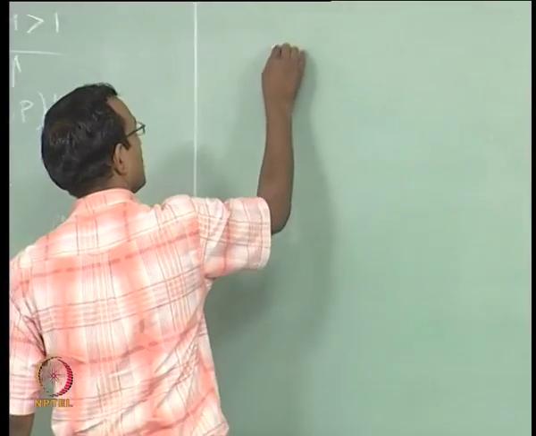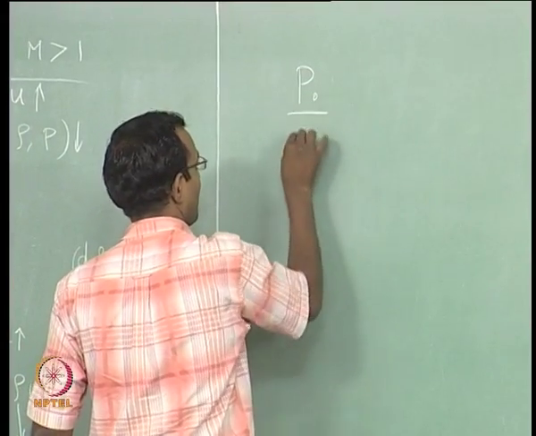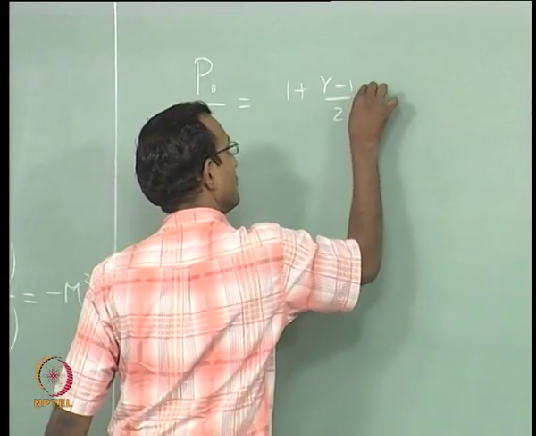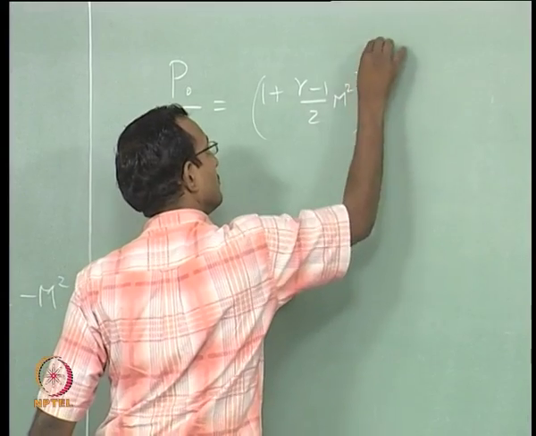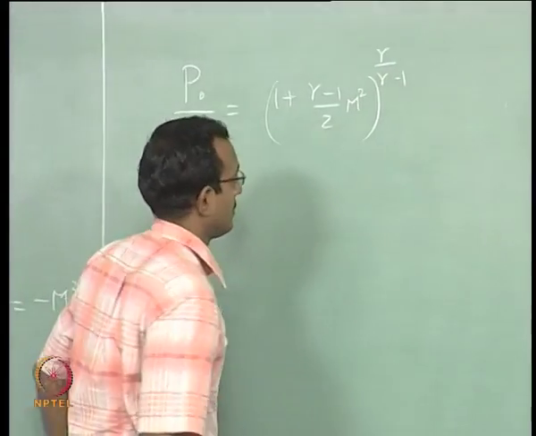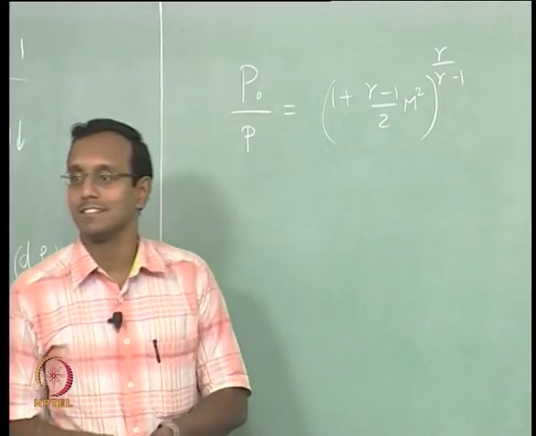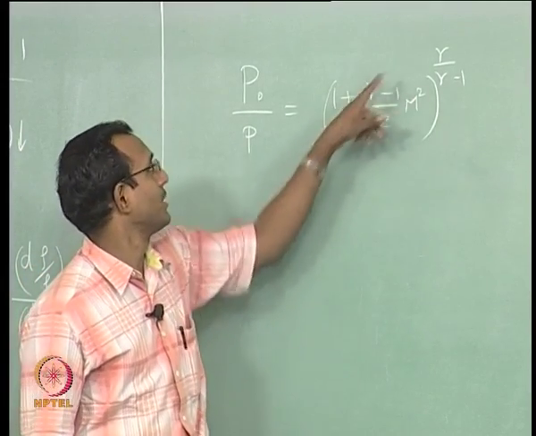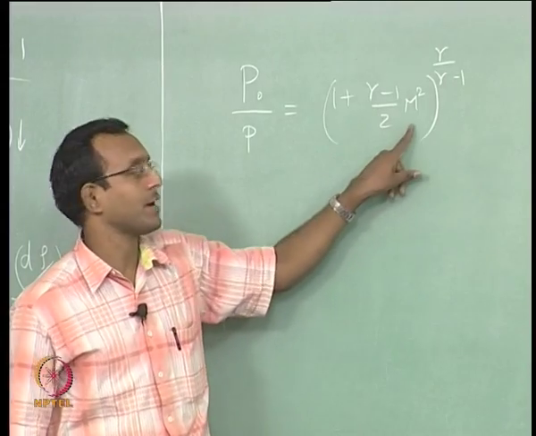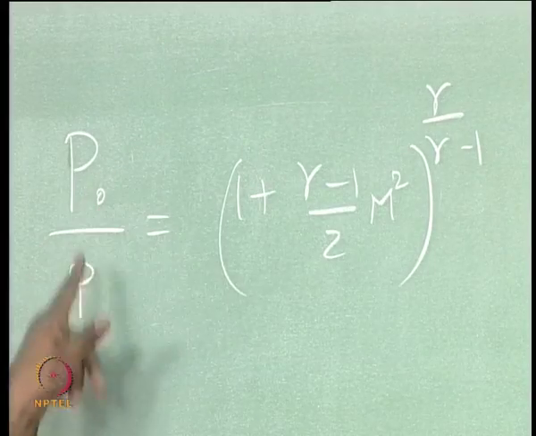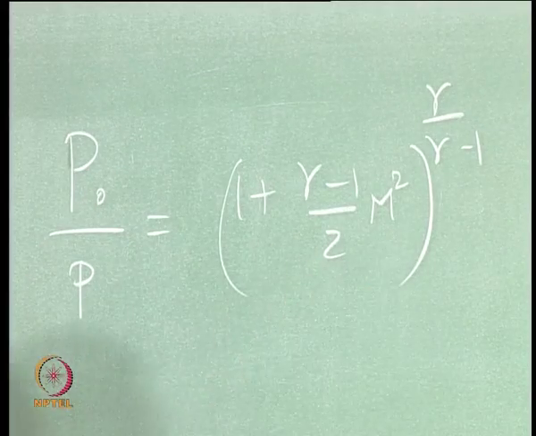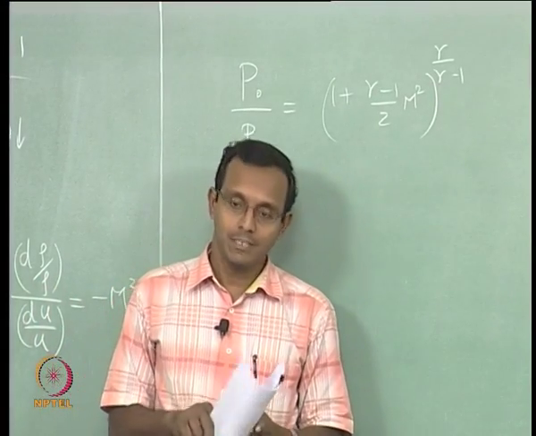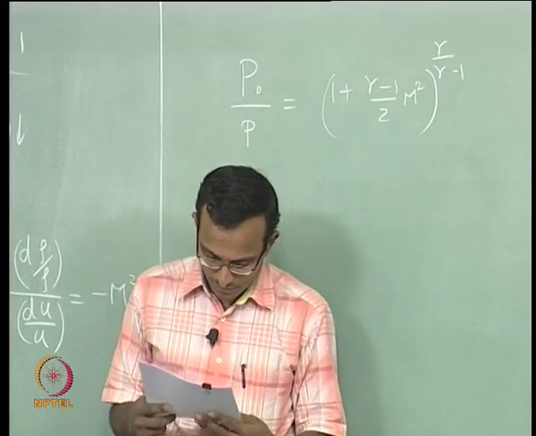So, I am going to use the P naught by P relation. I hopefully know the gas. If I do not know, I am in trouble. We should know the gas. Once I know the gas, this is just a function of Mach number. I am going to give you this number and this number, so I can find M. So, I know Mach number at that particular point. That is one way of finding Mach number.